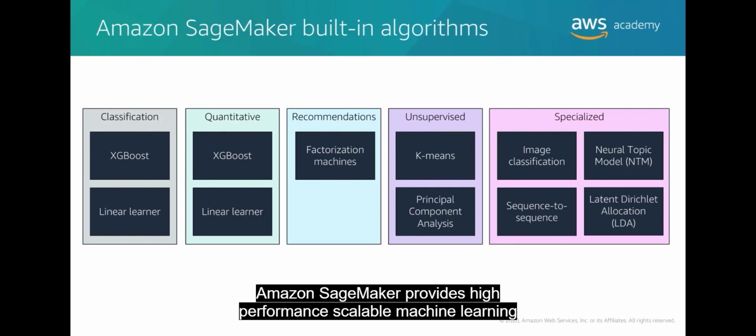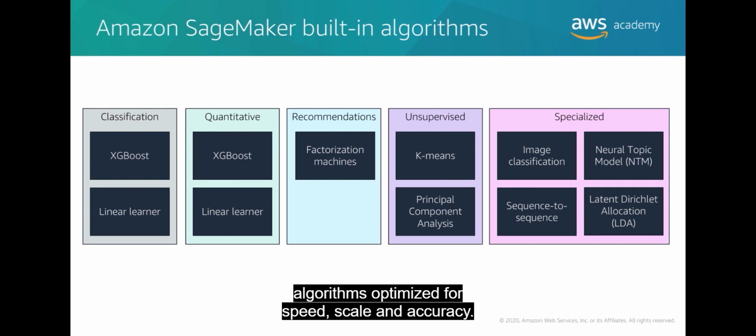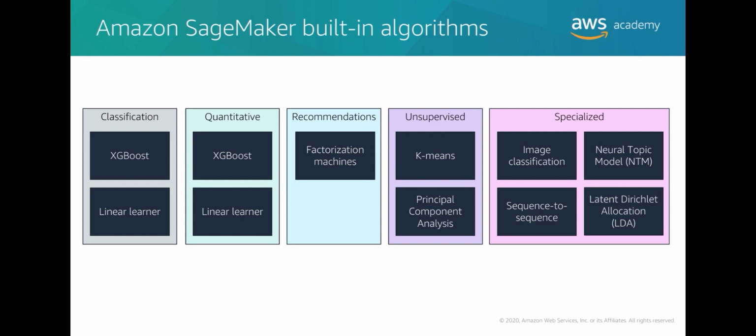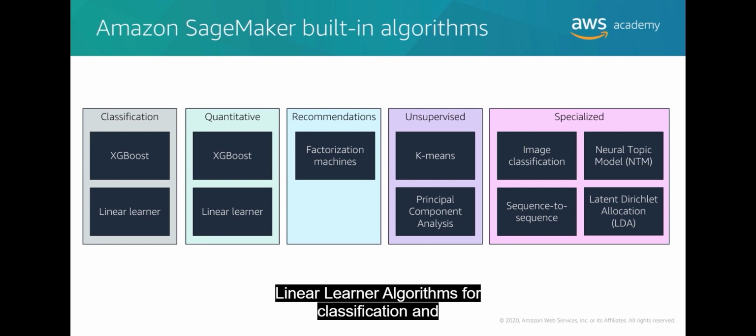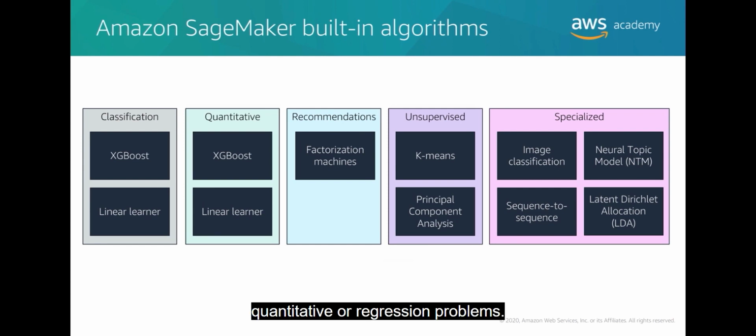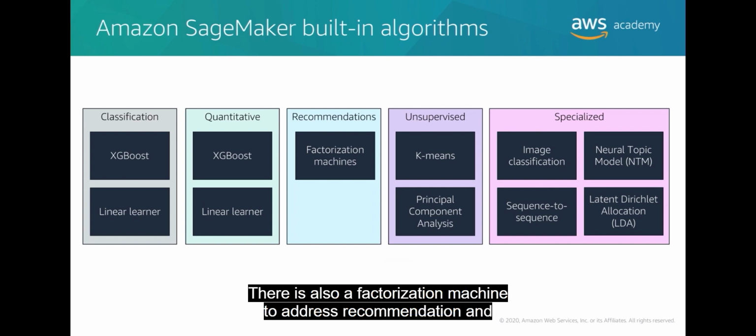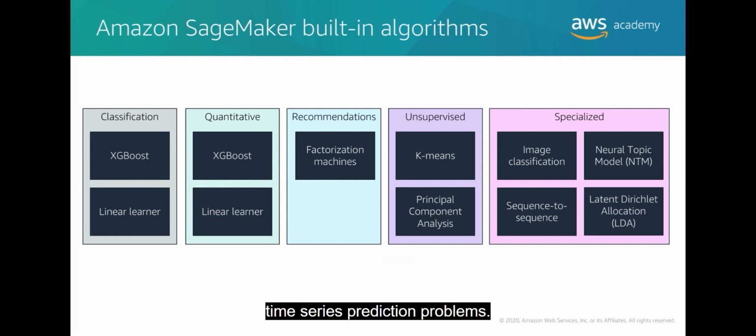Amazon SageMaker provides high-performance, scalable machine learning algorithms optimized for speed, scale, and accuracy. For supervised learning, Amazon SageMaker includes XGBoost and linear learner algorithms for classification and quantitative or regression problems. There is also a factorization machine to address recommendation and time series prediction problems.